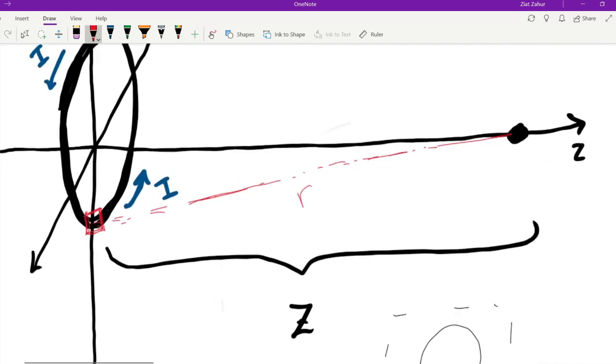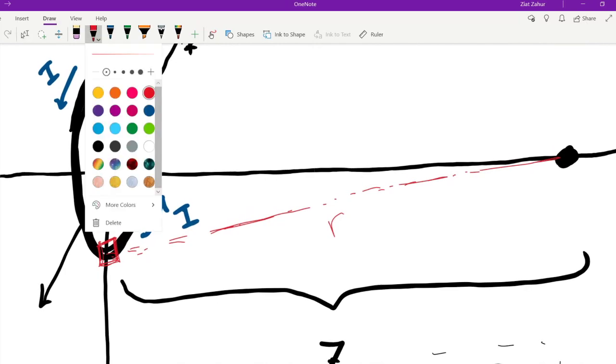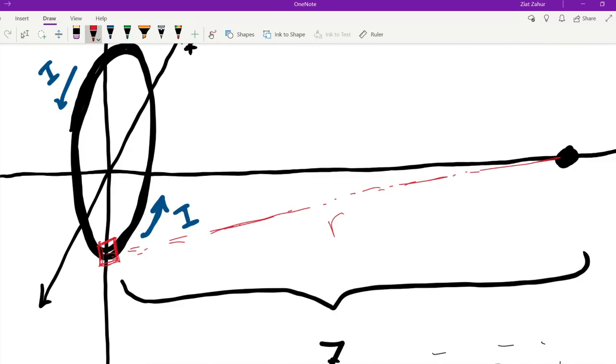Okay, and the maximum distance, which is a constant distance from the center of the loop, let's go and say that the radius of the loop itself is capital R.